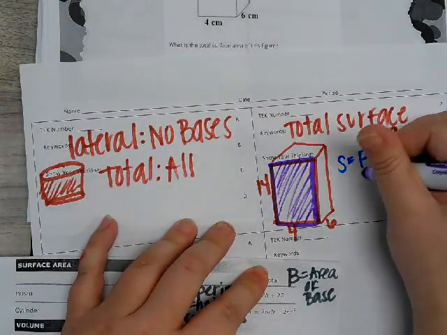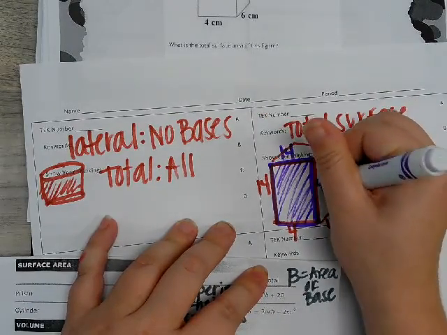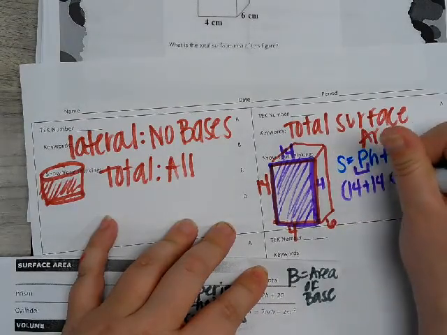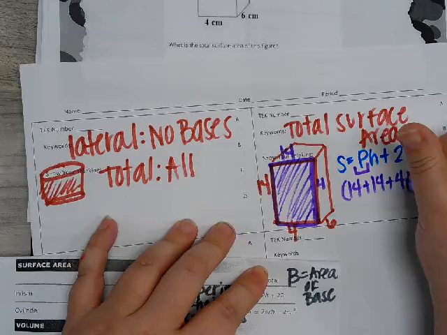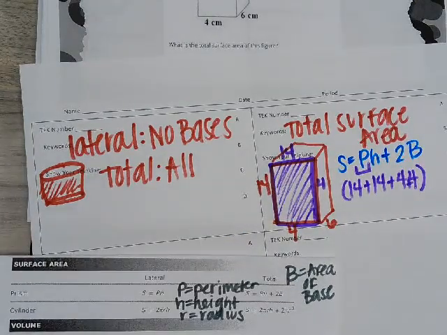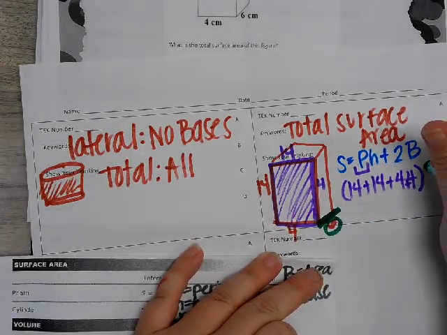So my P, I'm going to do 14 plus 14 plus 4 plus 4. Okay? Then my height. What is my height of the figure? My height of the figure is 6.